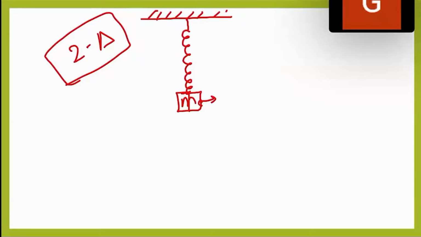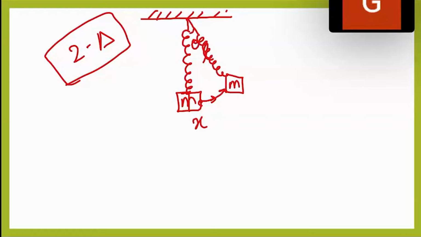So what we can do is, let me take the original length of the spring as L, and the change in length of the spring as X. Correct? Now, if I displace this, then it will be somewhat like this.